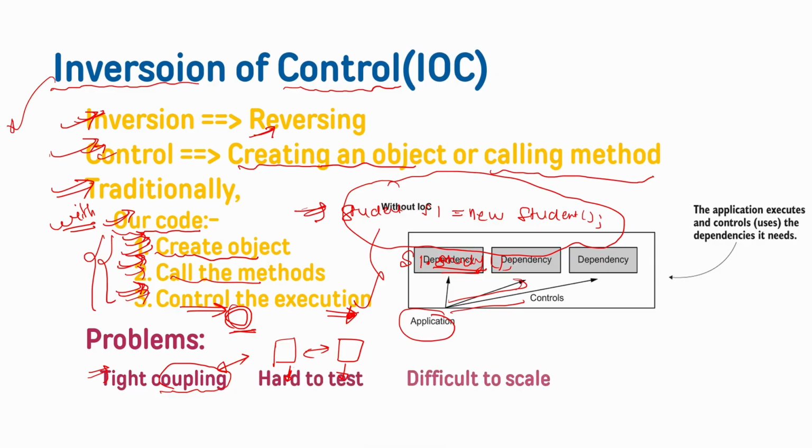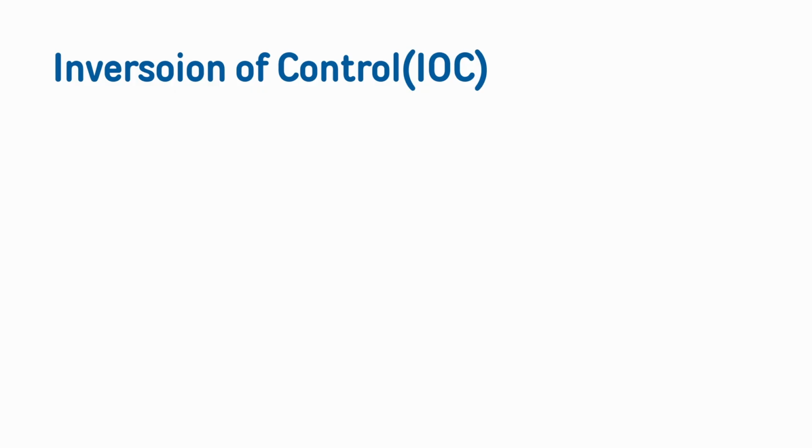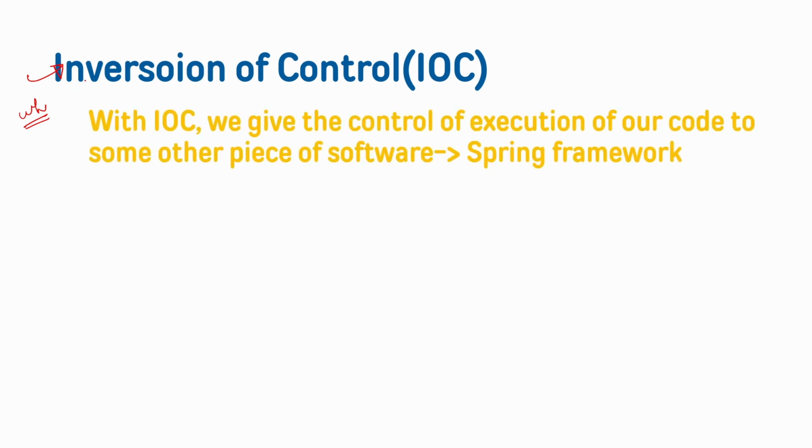It is also hard to test and difficult to scale the application without the inversion of control, because we need to create the object, call the method, and control the flow of execution of our code. Now that we understand the traditional approach, let's see what inversion of control is.